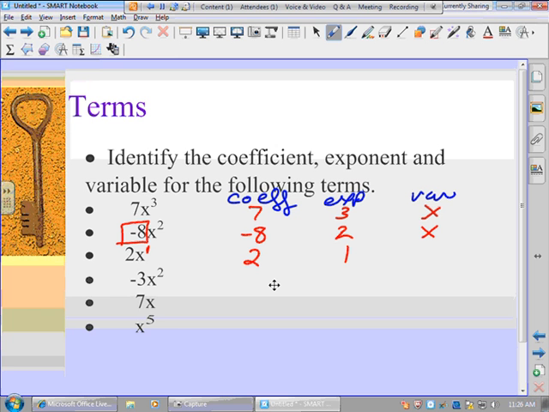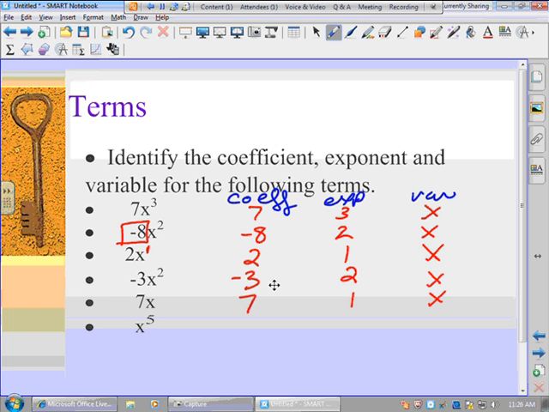X to the first is just an x. X squared is x times x. The variable is x. The next one is negative 3, exponent of 2, and a variable of x. Coefficient of 7, exponent of 1. Good. And a variable of x.